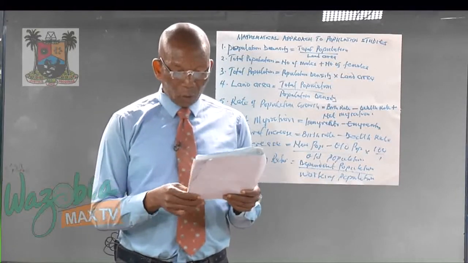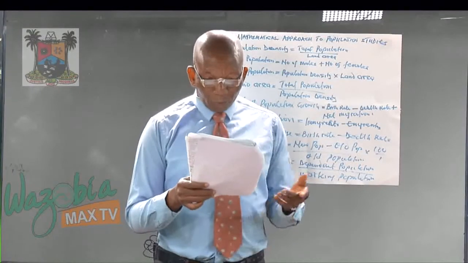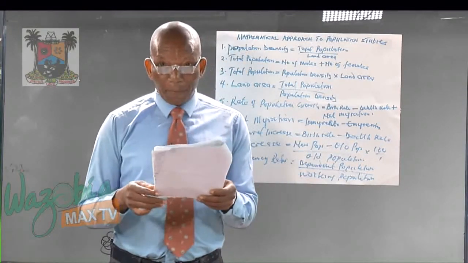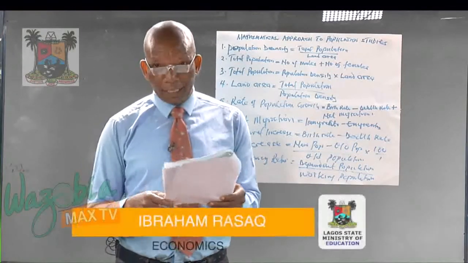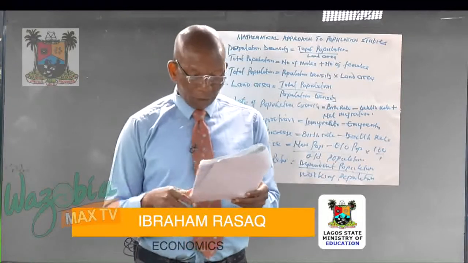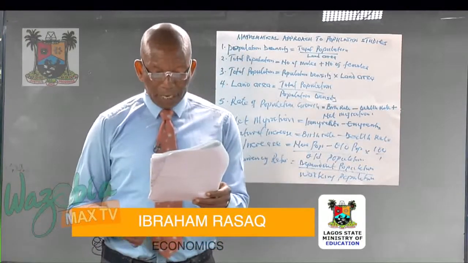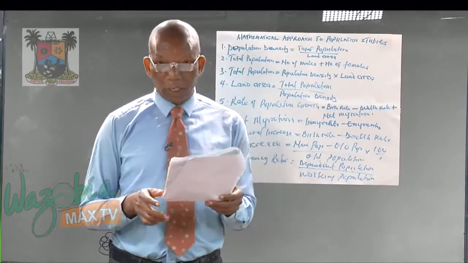We can check that one in 2006 SSCE. Another one, define population census. That one came out in 1997, question 5. Then another one, explain the term net migration. That one also came out in 2005.